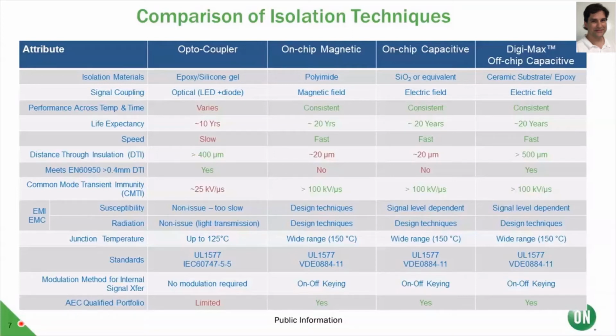These are based on time-dependent dielectric breakdown models where we run tests for many thousands of hours at different voltage levels, create a logarithmic plot, and that generates the lifetime at various voltage levels model.